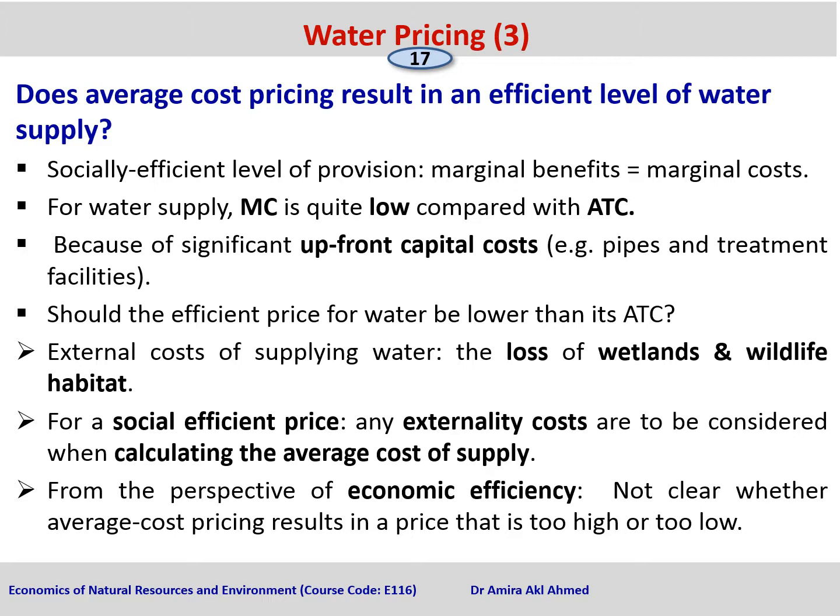In this regard, failing to account for water's externality costs implies that average cost pricing may result in a price that is too low. Thus, we could say that it is not clear whether average cost pricing results in a price that is too high or too low from the perspective of economic efficiency.